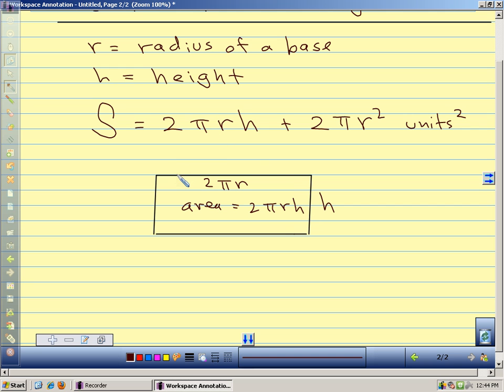And then I also have the ends of my cylinder. If I draw my net here, these are the ends. And the radius of this is r. And that area is pi r squared. And we have another base that's exactly the same.